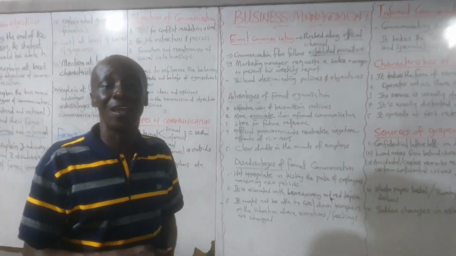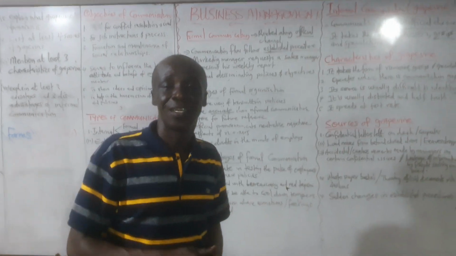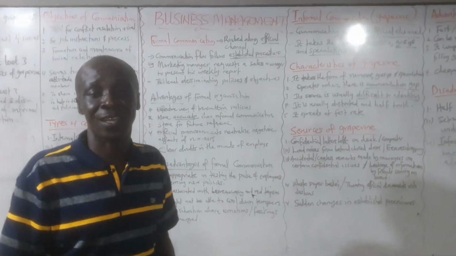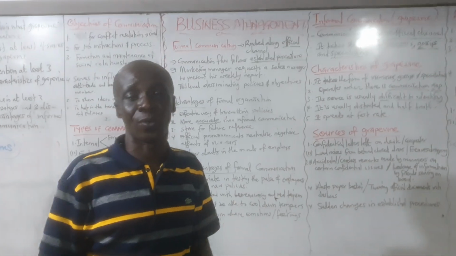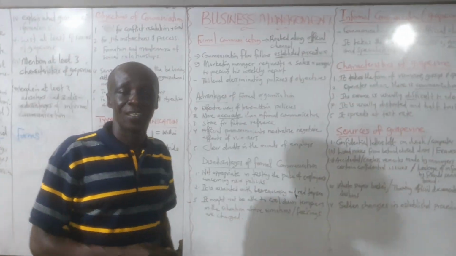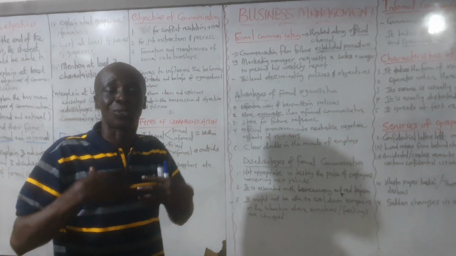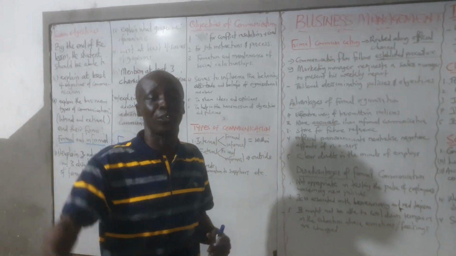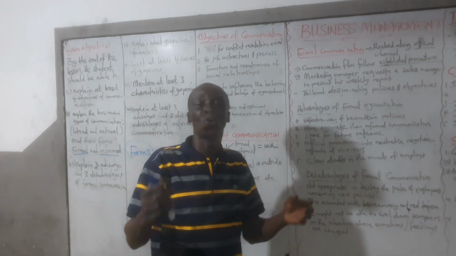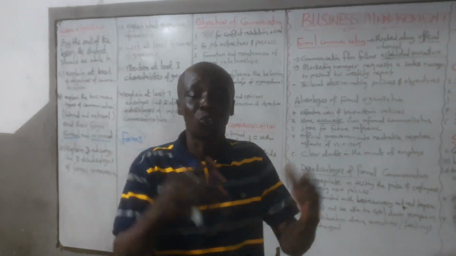If they don't like it, they will resist it. And it can bring strikes, demonstrations, and so on and so forth. Such things, you have to test it. You have to test the pulse of the workers through informal communication. And you have to know how to do it.